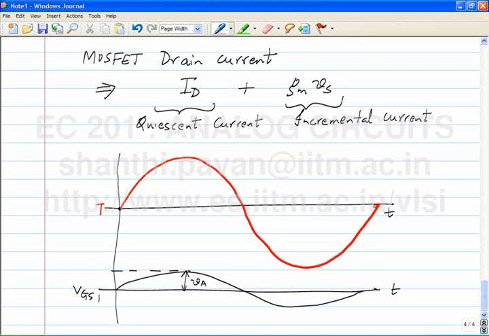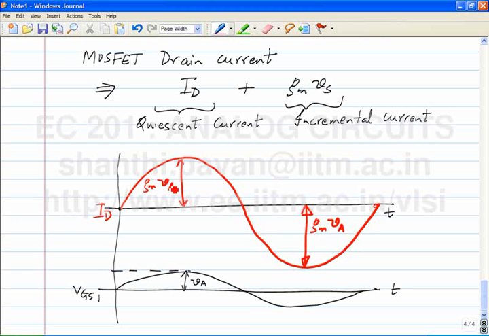This is ID. And what is the amplitude here? GM VA. What do you notice as I go on increasing VA? What do you think will happen? During the positive half of the cycle, ID is increasing. It will go to a maximum value of ID plus GM VA.